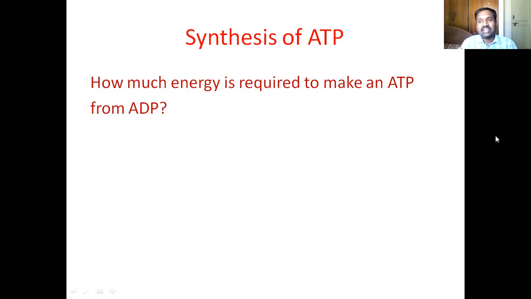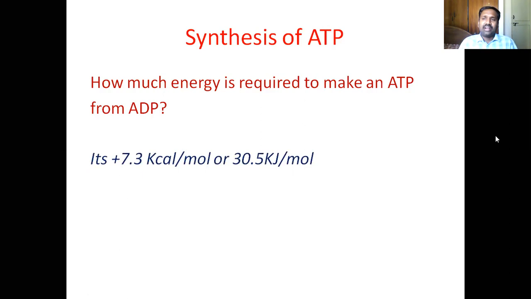So how much energy is required to phosphorylate ADP into ATP? It is 7.3 kilocalories per mole or 30.5 kilojoules per mole. So much energy is required. Now how can a cell find a source of this much energy to make ATP?